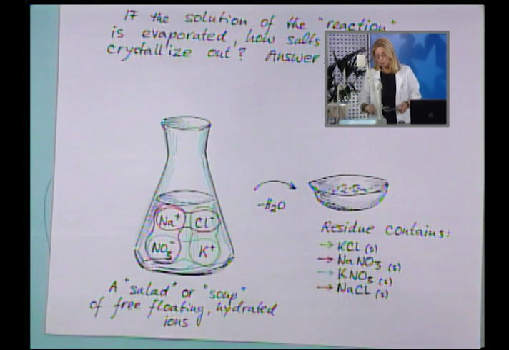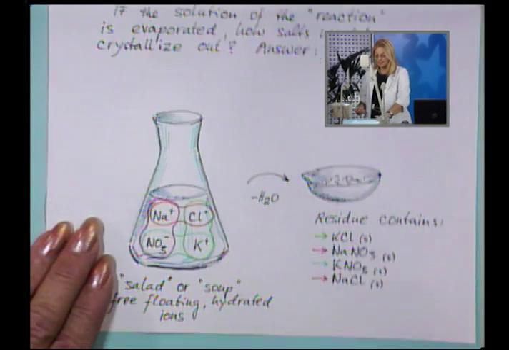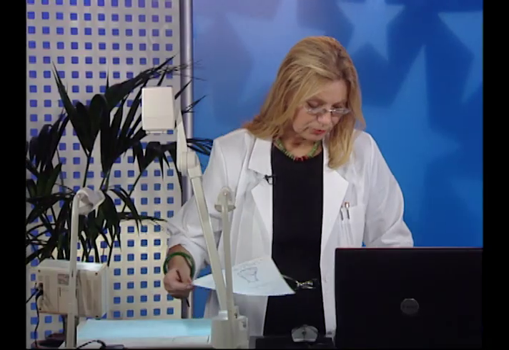So potassium chloride could be found in the mix, sodium nitrate, potassium nitrate, and sodium chloride. So the answer is 4 different salts will be found.